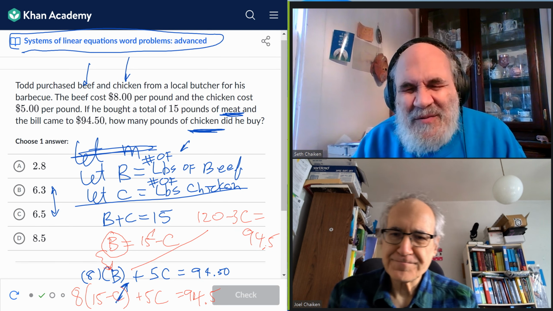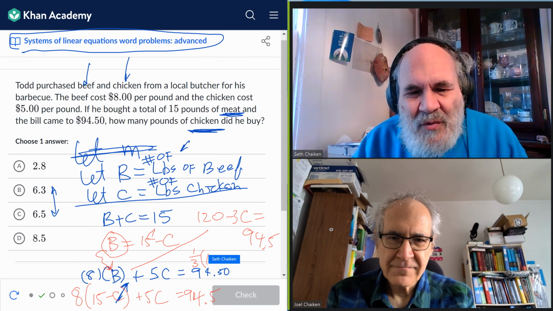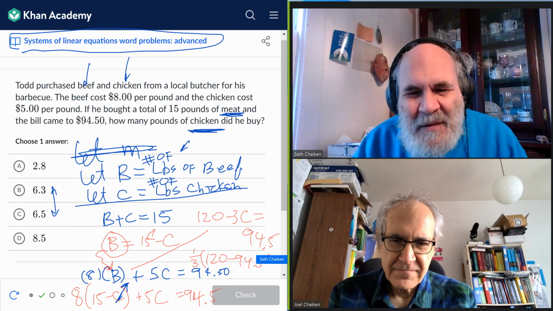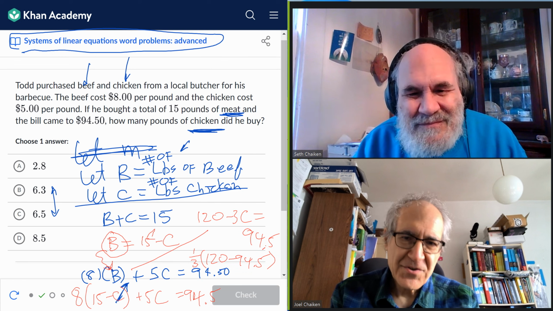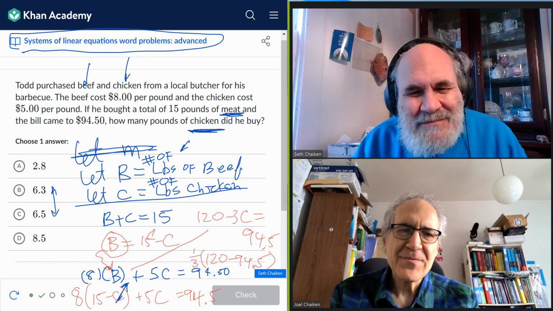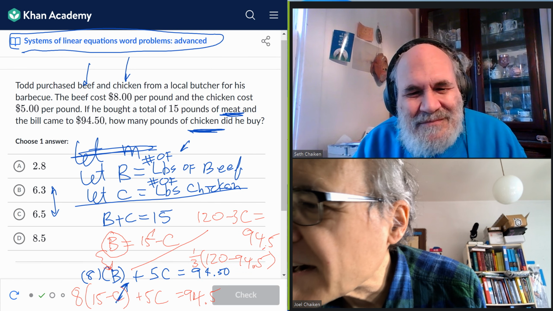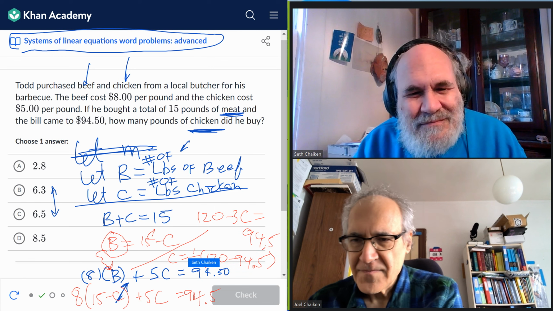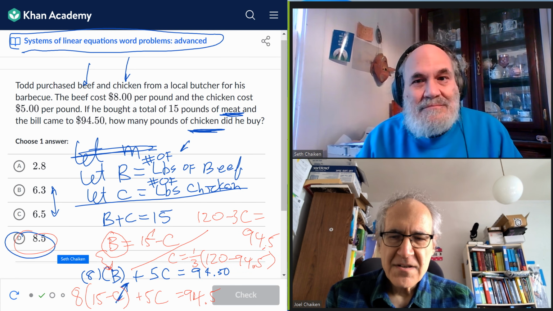So the answer is a third of 120 minus 94 and a half. You subtract the 120 from both sides, and then you divide by 3, but the negative signs cancel each other out. So it turns out in the calculator that it's 8.5. That is what the calculator says. So that's the answer.